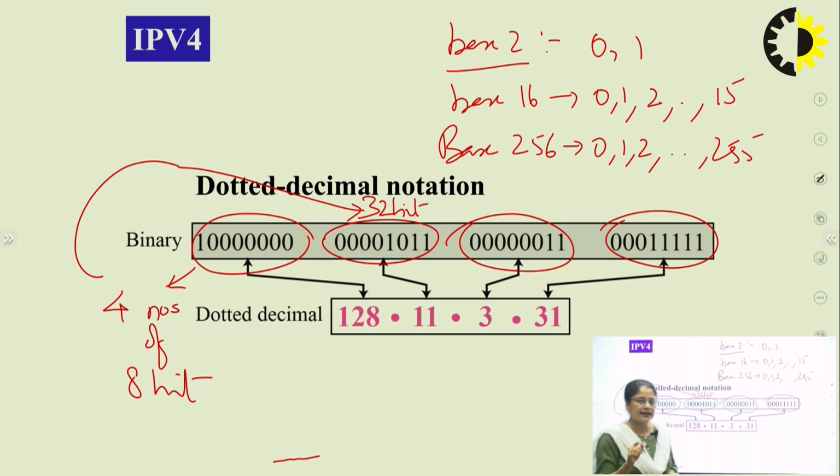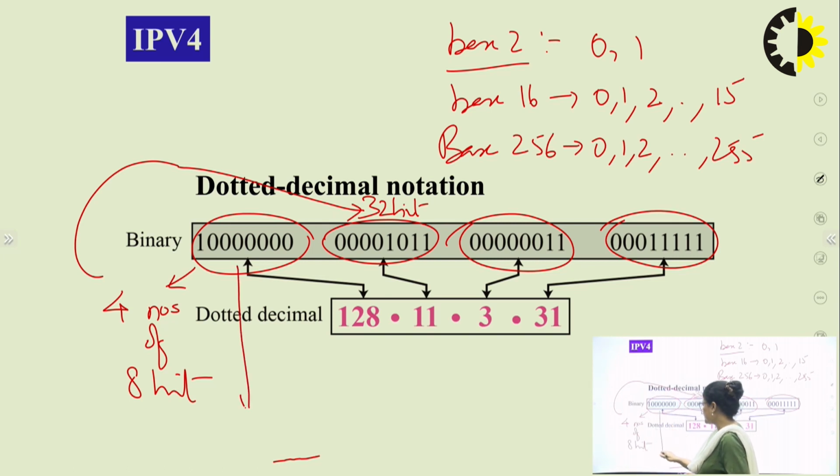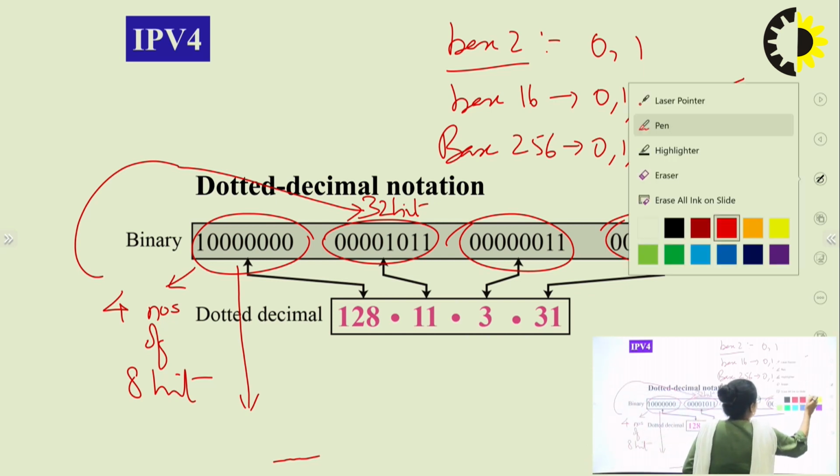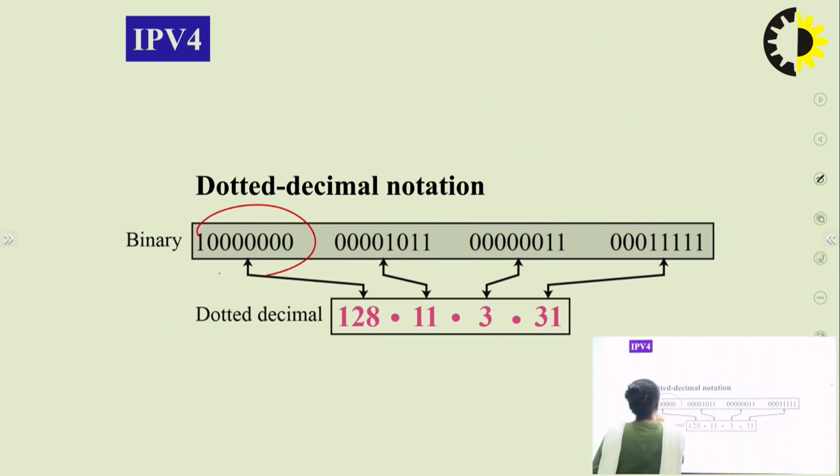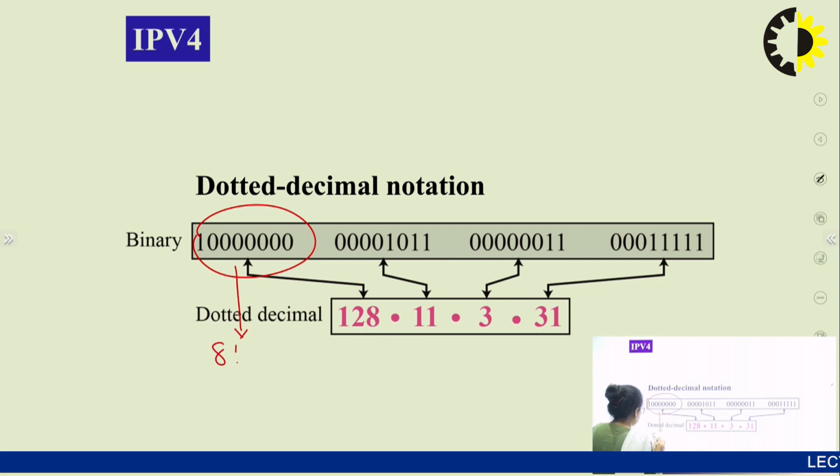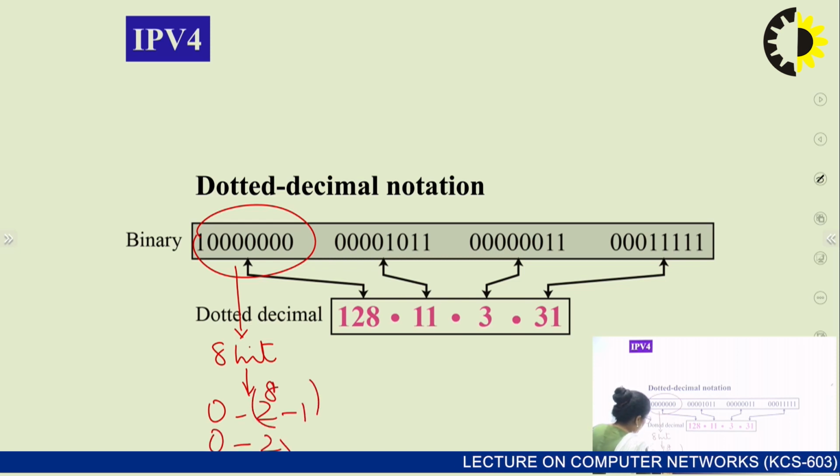Since each section is an 8-bit number, what is the maximum range it will go? It will range from 0 to 2 to the power 8 minus 1, which is equal to 0 to 255.